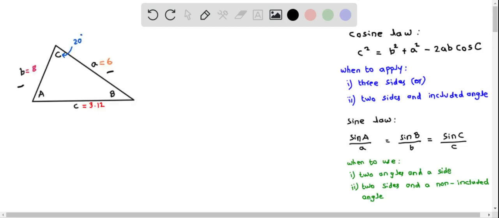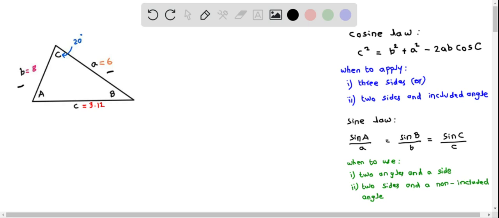We will now solve for the other unknowns of this triangle. So now we are in a situation that we have three sides, that is a, b, and c, as well as one angle. So we can continue to use the cosine law, or in fact we can use the sine law also. When we look at the sine law, we should know two angles and a side.